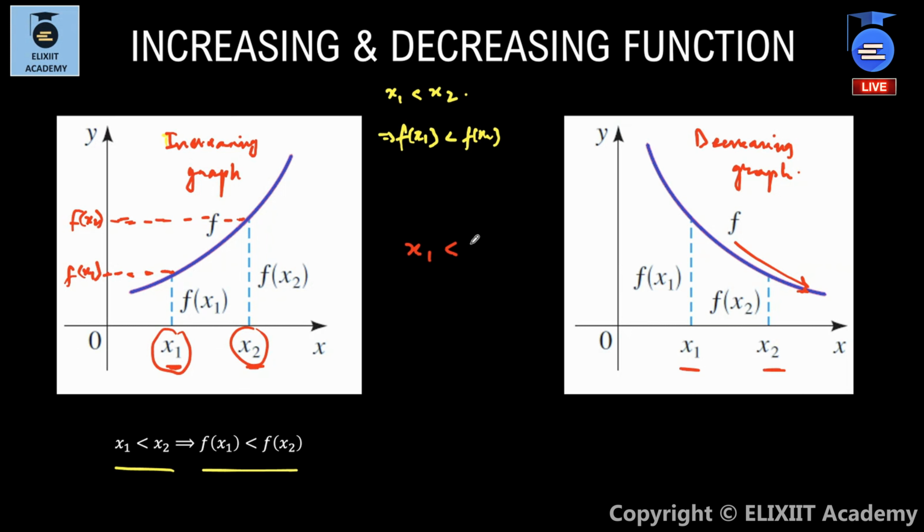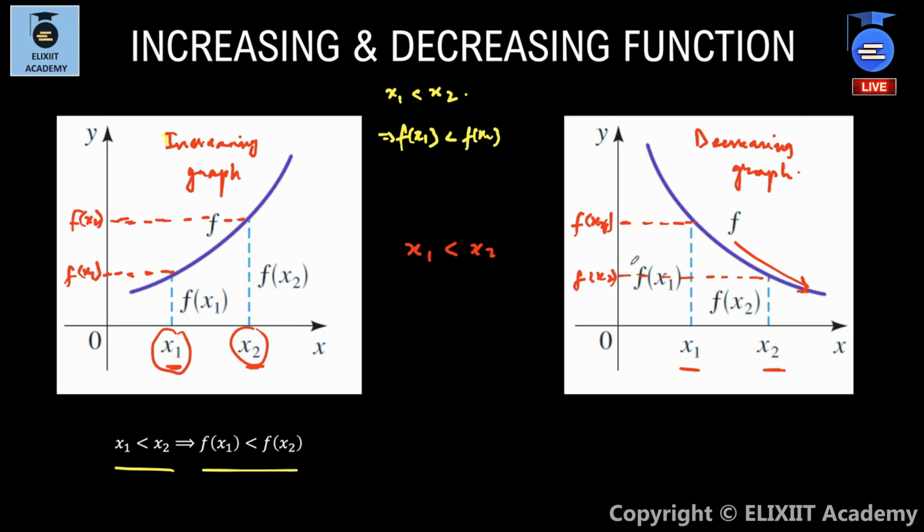If x1 is less than x2, from here this much height is f of x1, which means this is the function value f of x1, and this much height will be f of x2.